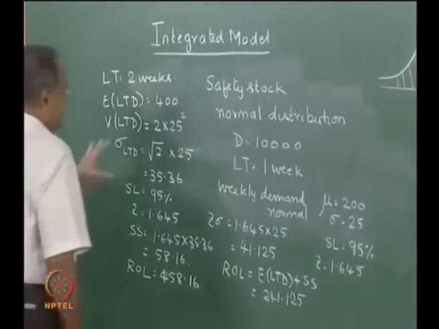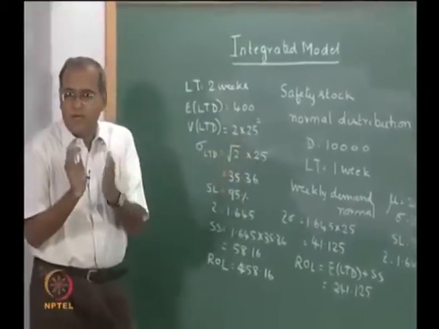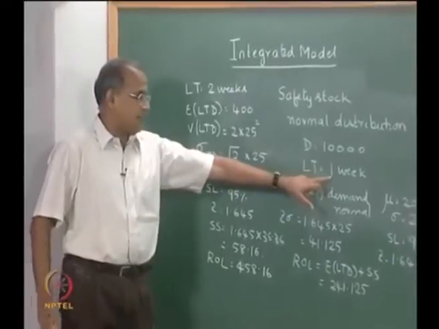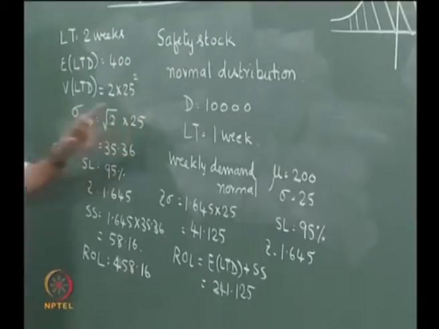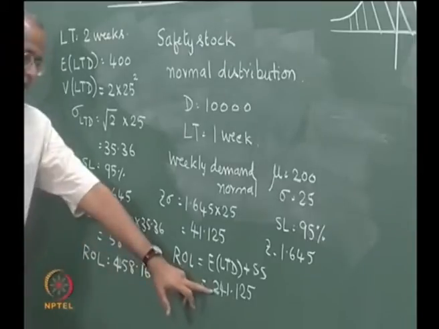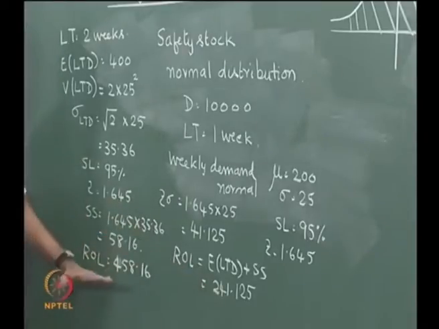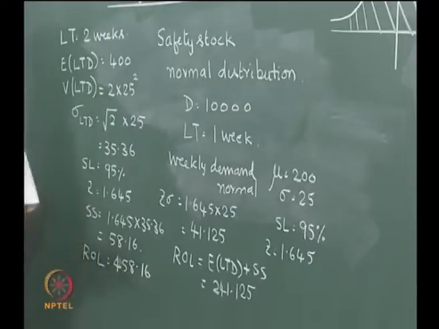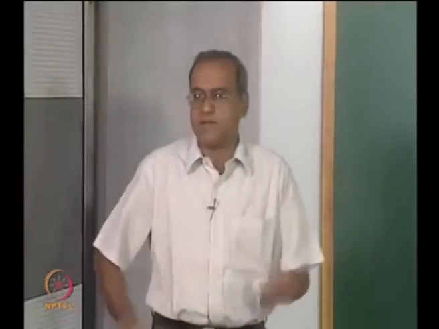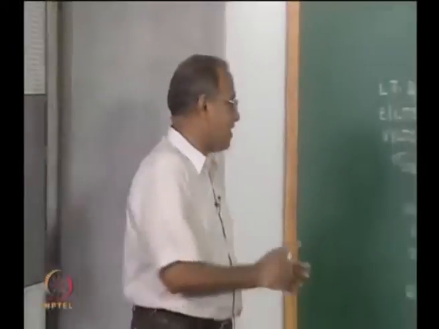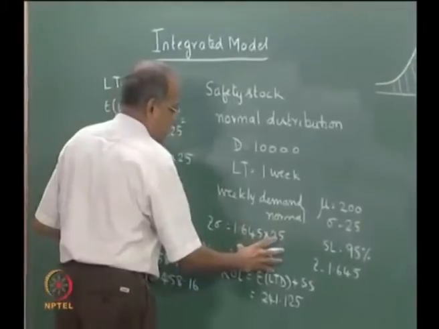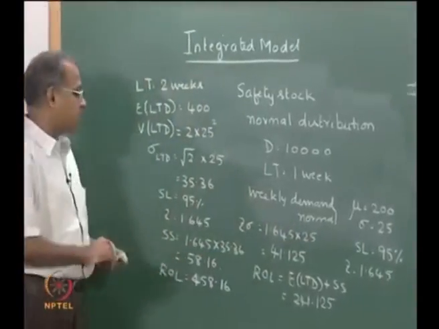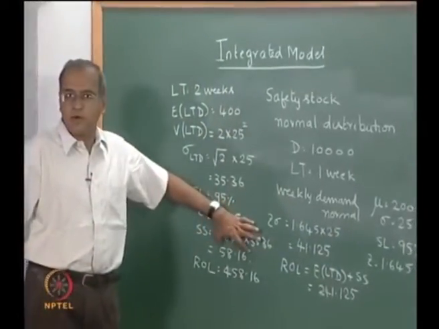Now, let us understand what has happened when the lead time moves from 1 week to 2 weeks. This is 241.125, this is 458.16. The 400 comes as a contribution of the expected value of lead time demand, and the safety stock, which was 41.125 here, has now increased to 58.16.